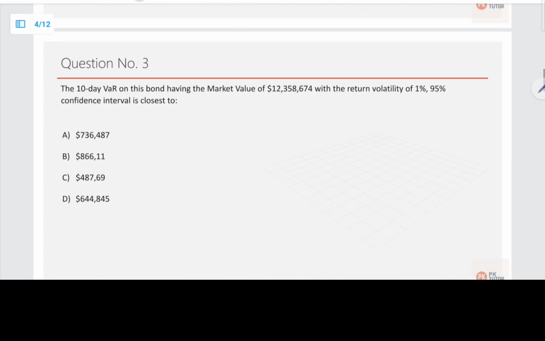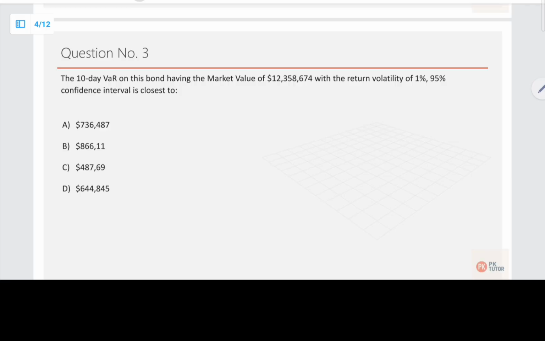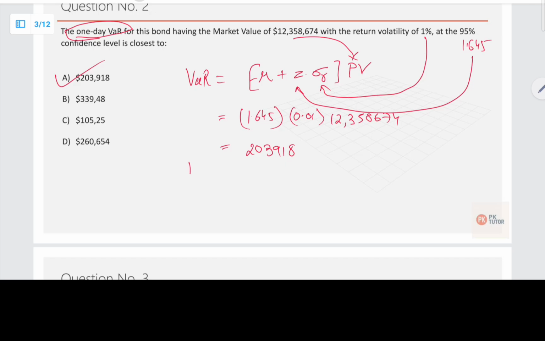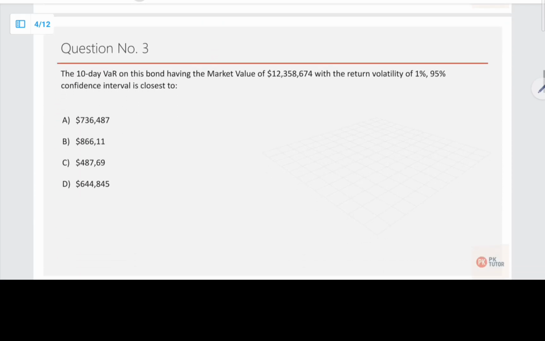Moving forward, this is a question linked with the other one. We have already calculated the 1 day VaR. So now we want to calculate the 10 day VaR on the same data. You know the scaling factor, the root T rule.